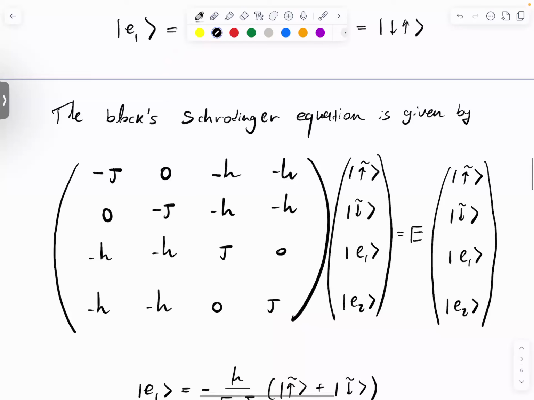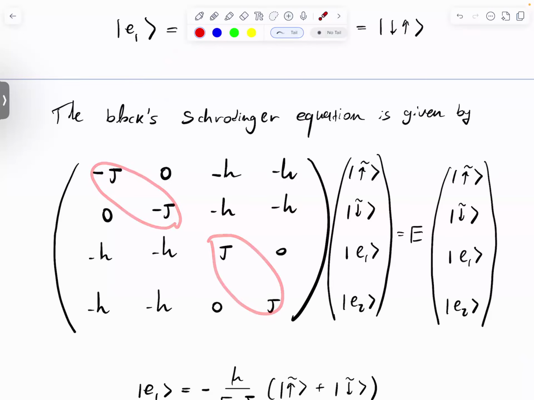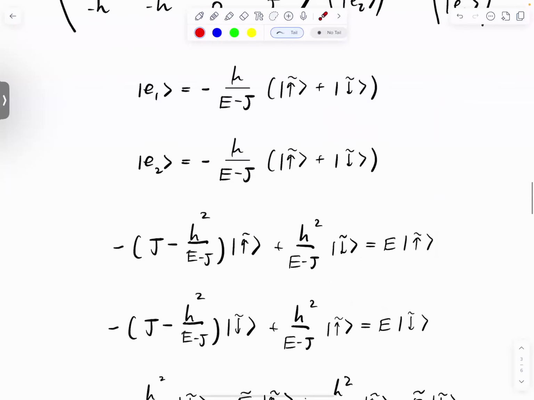So what you can see here is that basically the spectrum of this block Hamiltonian is split into two states that are low in energy and two states that are high in energy.